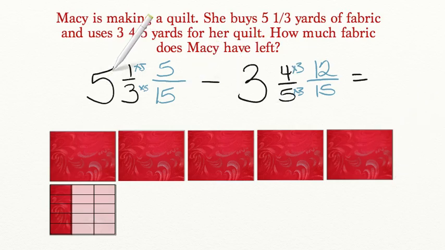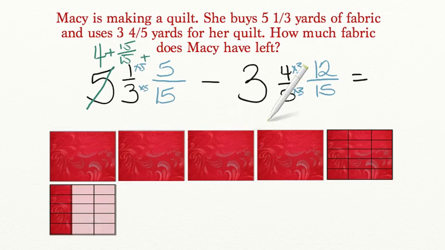So I'm going to cross out one of my wholes, so I only have 4 wholes. And I'm going to break apart that whole into 15 fifteenths.